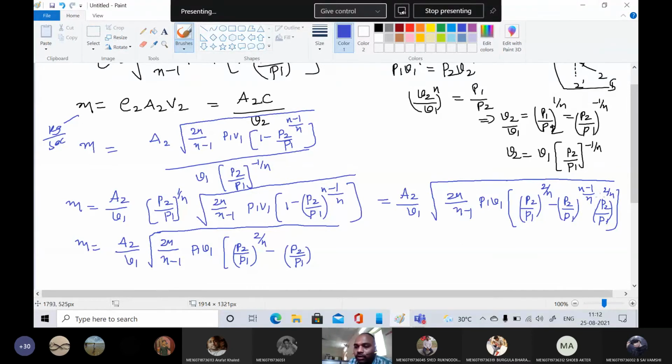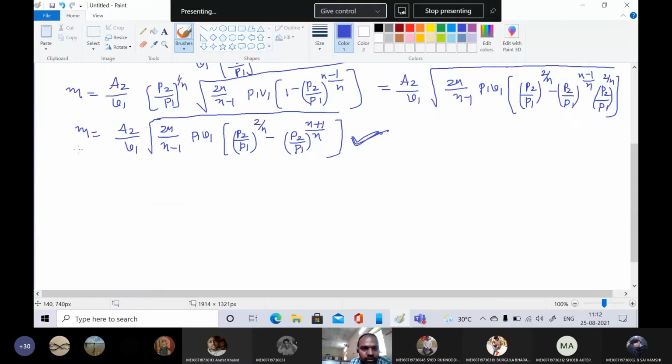We can add the powers, n minus 1 plus 2, that is equal to n plus 1 by n. Okay, so this is the mass of the steam discharged through the nozzle. Is it clear? This is the derivation of mass of steam discharged through the nozzle, where P2 by P1 is the pressure ratio. Now we will derive the condition for maximum discharge.